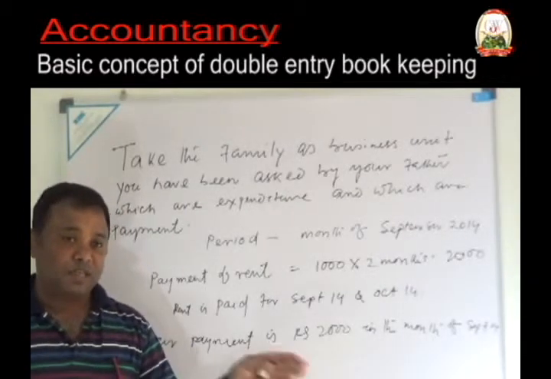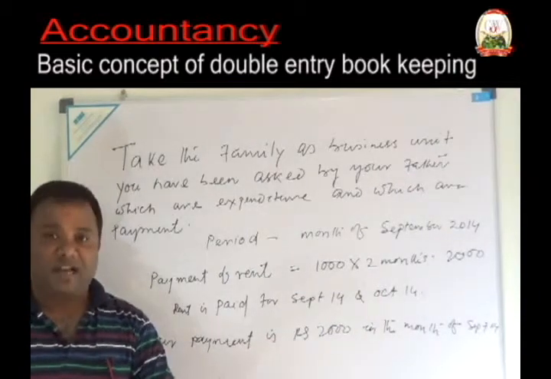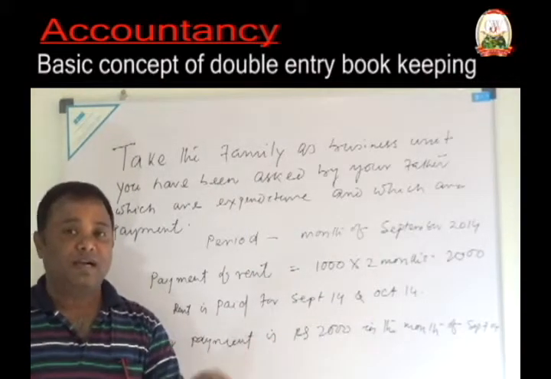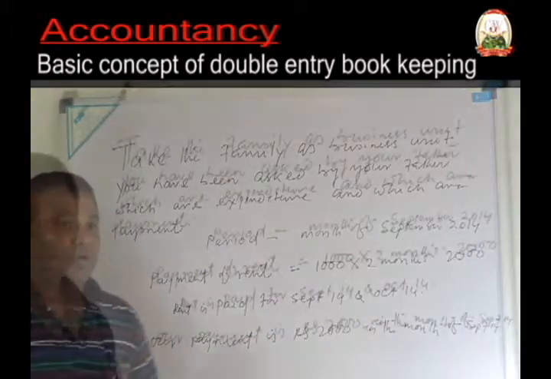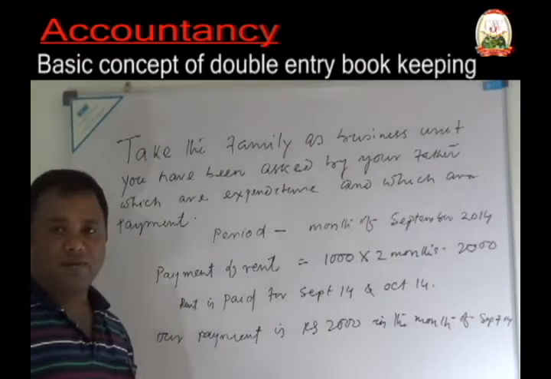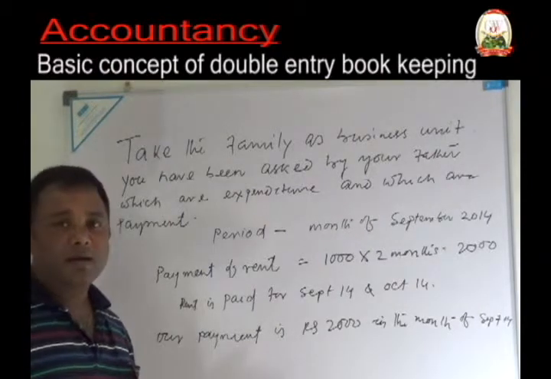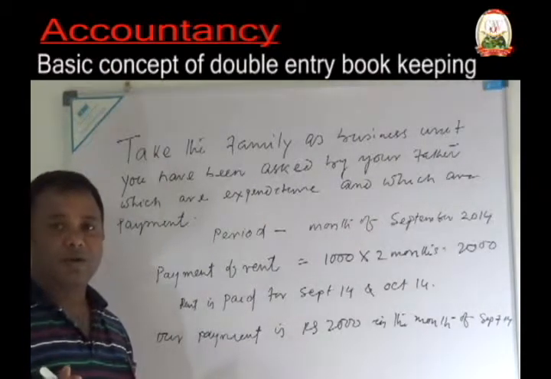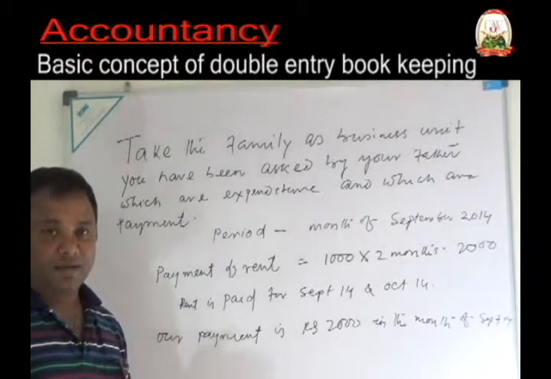That 2000 is specified for a particular month, that is called payment of rent. Now you have been asked to identify what is the expenditure towards rent. The payment towards rent has already been described. Now you have to describe the expenditure towards the rent.